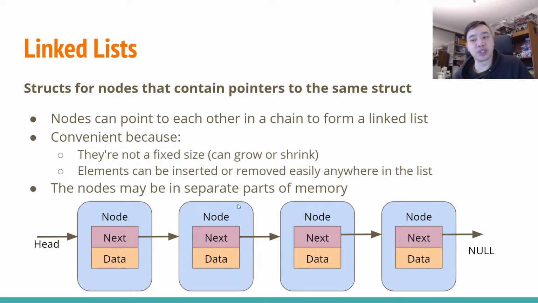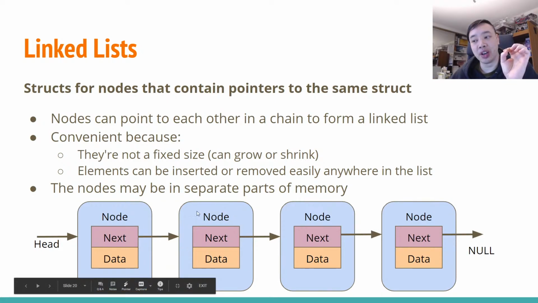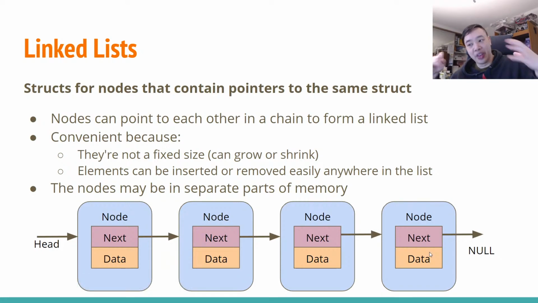At first this would have been confusing because it was like, how can a node point at a node when it's a node itself? It's not pointing at itself, but at another one of the same type as itself. So when we have these pointers giving us access to these other nodes, we can chain them together, and then we form this structure called a linked list.